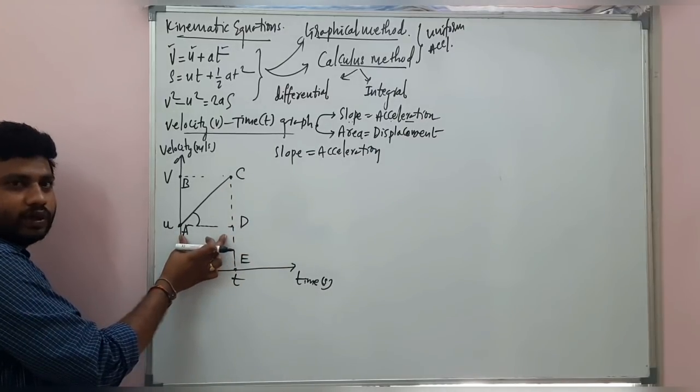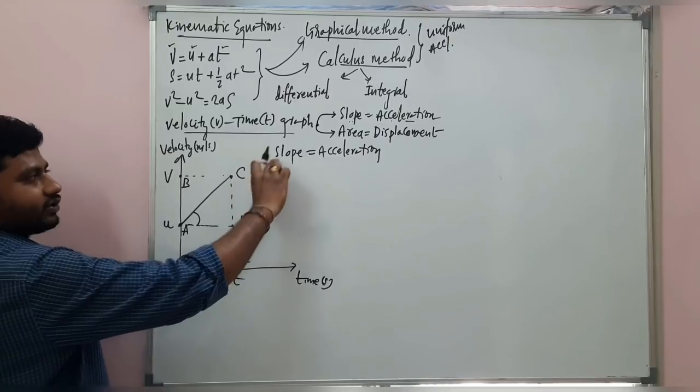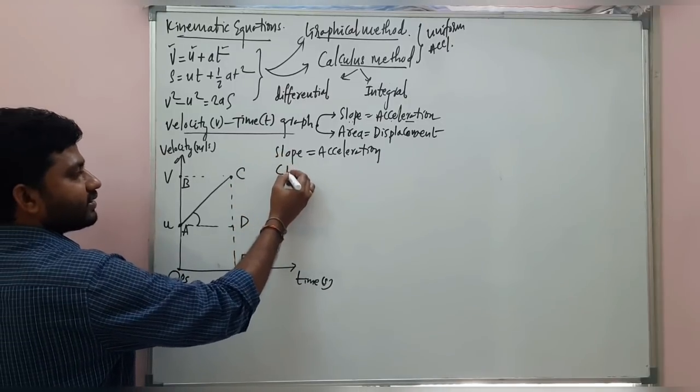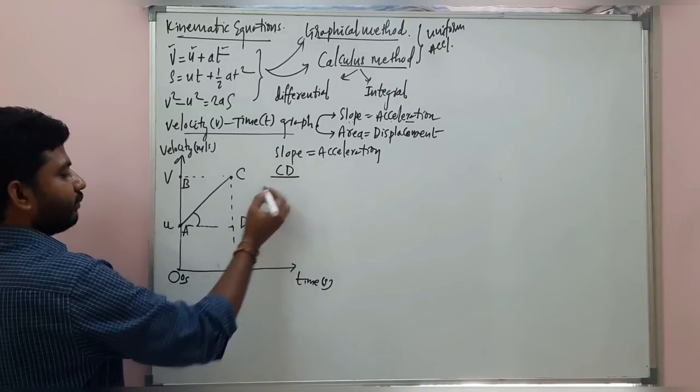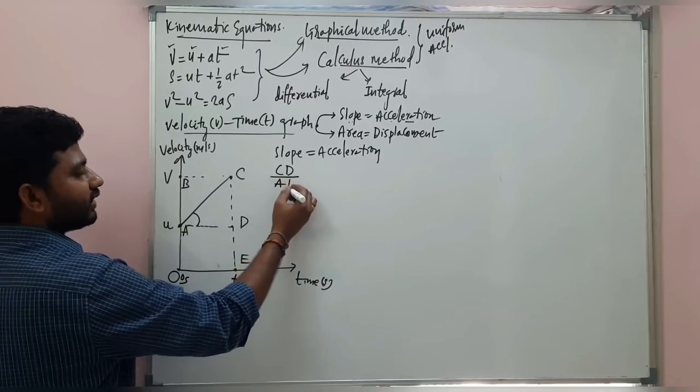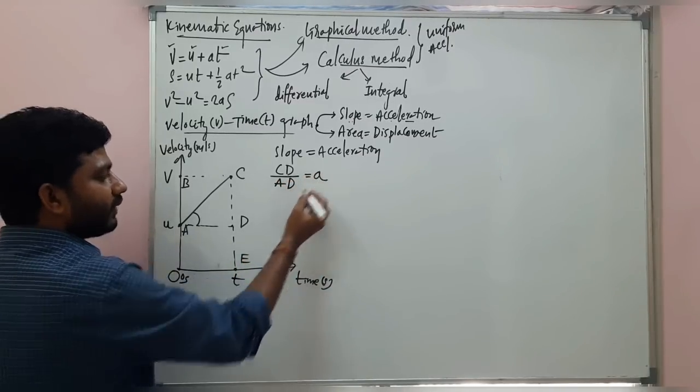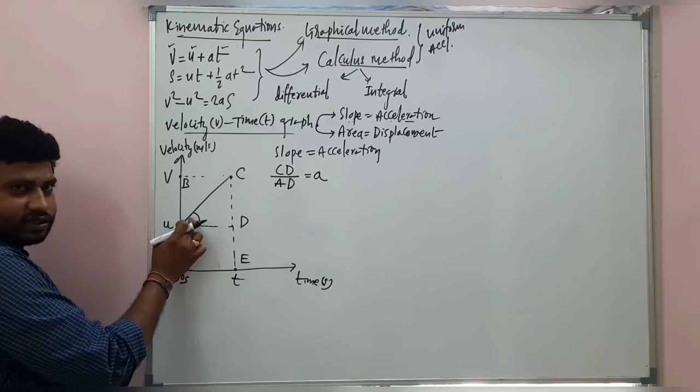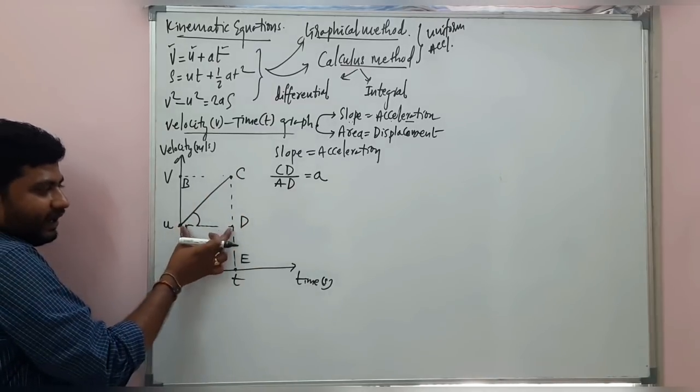That's called the slope. So I can write slope as CD value divided by AD value, that is called acceleration. Acceleration is the slope, which is equal to CD by AD.